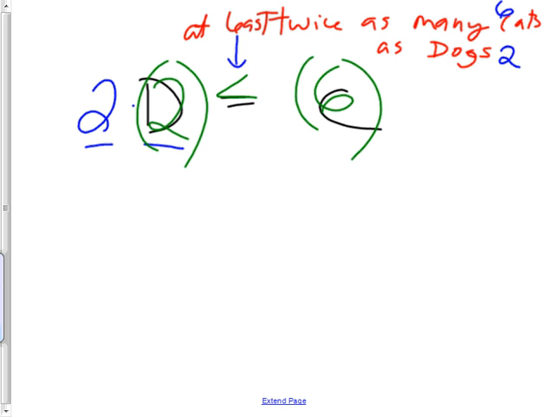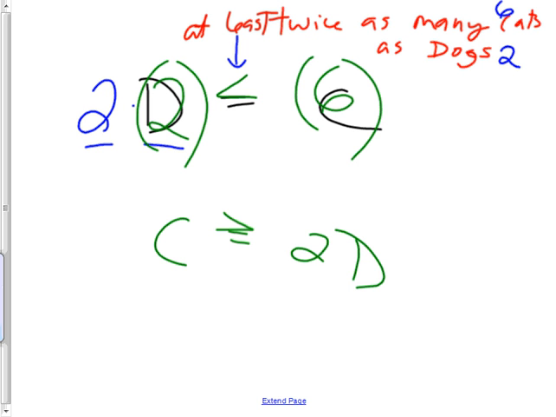Now you can't just memorize, oh, if it says at least, you should do a less than sign. Because if I had reversed it and put the C on the other side, you know what I mean? If it was C on 2D like this, then it would have to be going the other way. But I can say this.